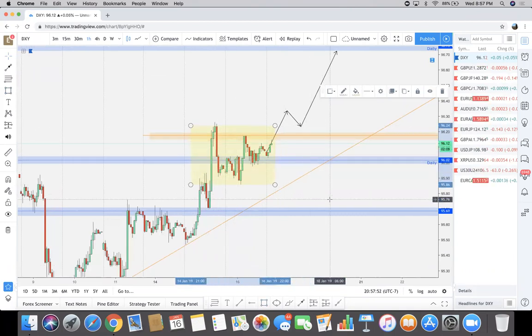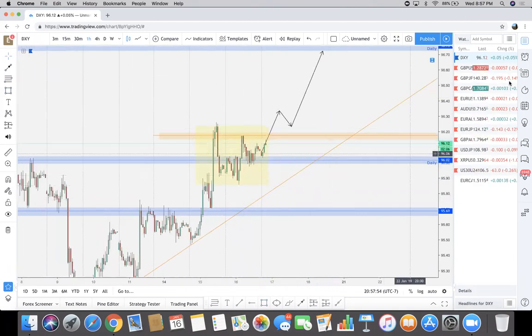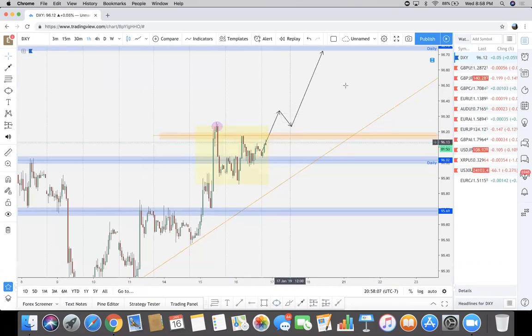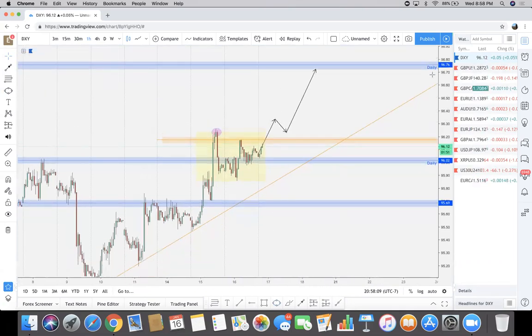So for me to enter any trades, I would like to see a break and retest of this high, right there, break, retest, and then continue upwards to our daily level right here.